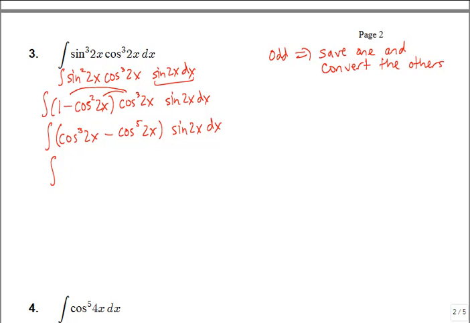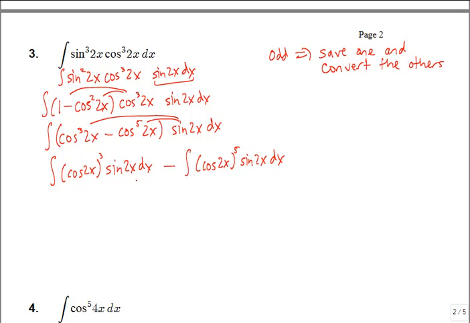And while I'm at it, I'm going to take that cube and I'm going to put it on the outside of my cosine function like that. So this will be cosine 2x quantity cubed times that sine of 2x dx. I'm really just distributing these across. Minus the integral of cosine 2x to the 5th times that sine of 2x that I saved.